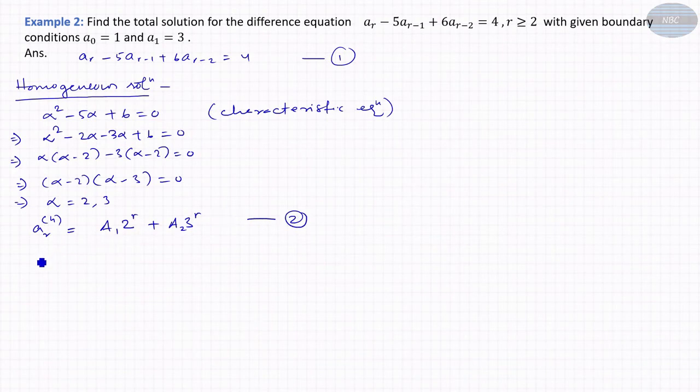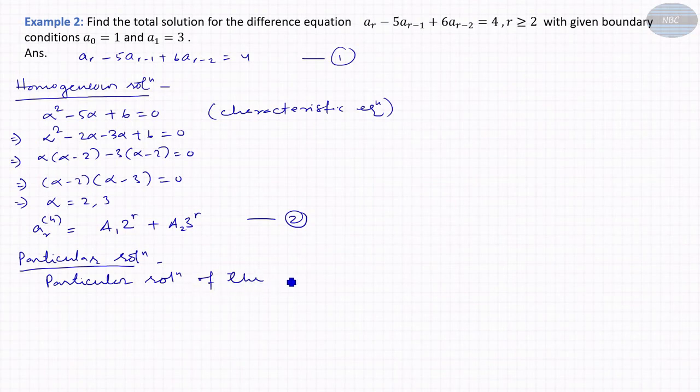Okay. Now we'll find out the particular solution. Okay. So we have a constant at the right hand side. So the particular solution is of the form P. Okay. So substitute P in 1.